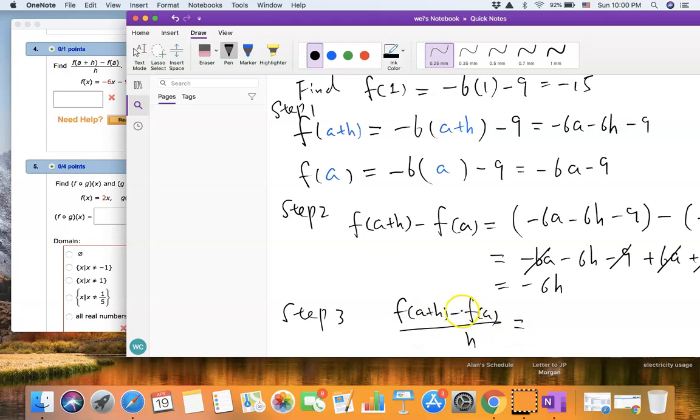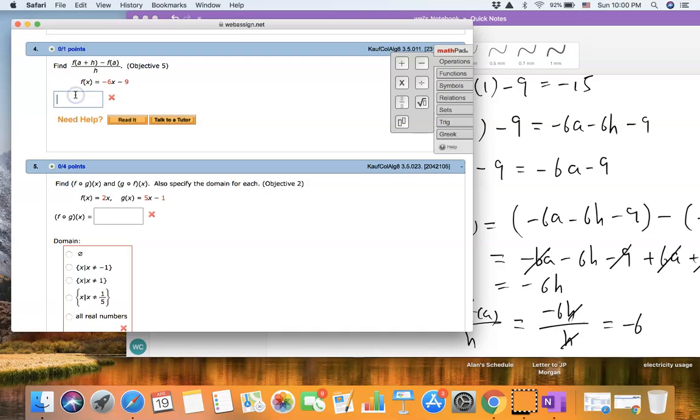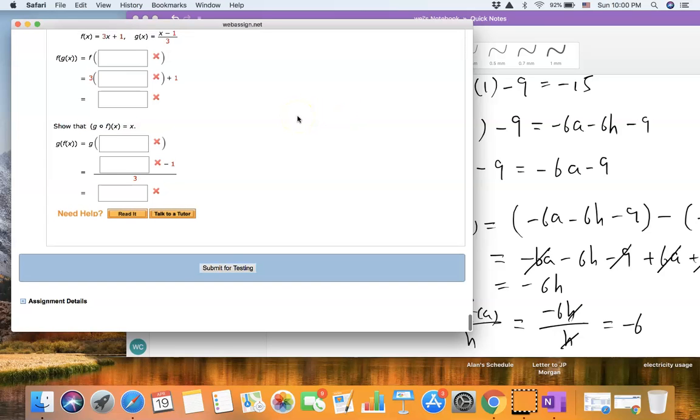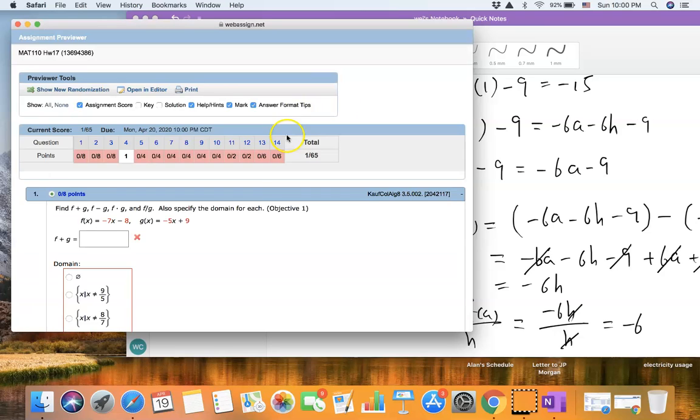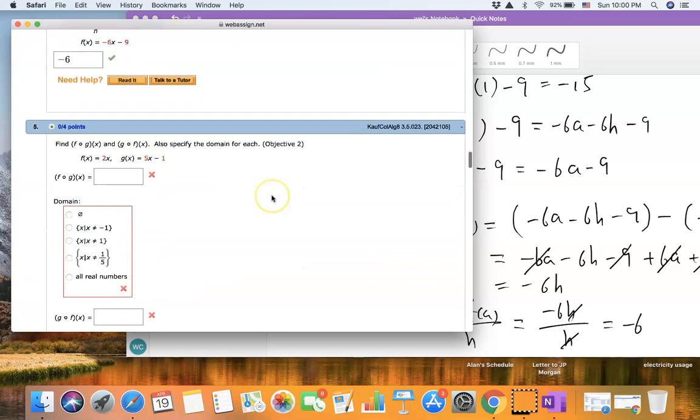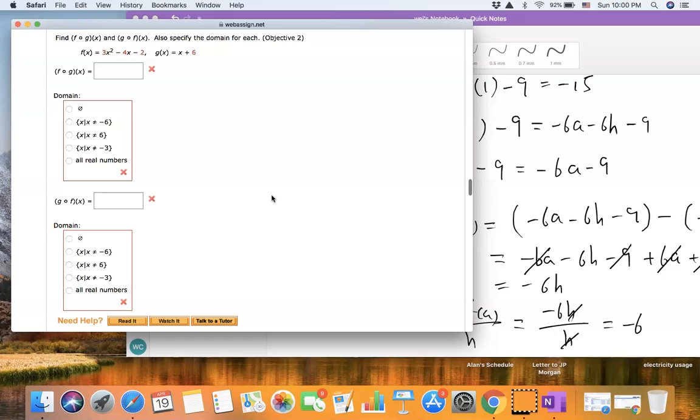Since the numerator we figured out is negative 6h, now negative 6h divided by h, the h is cancelled. So the answer is -6. Right. Okay.